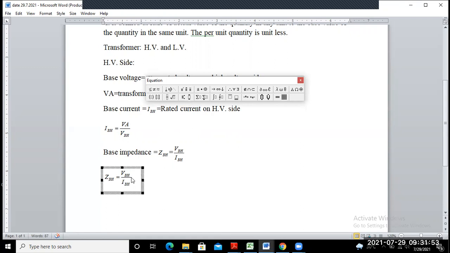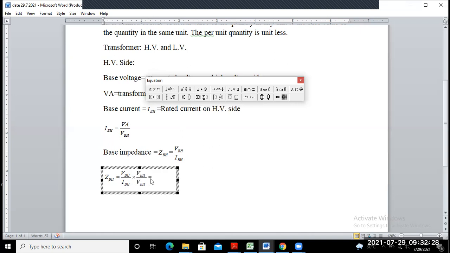If you multiply the numerator and denominator by the base value VBH, it is the same thing. So VBH in the numerator and also in the denominator.